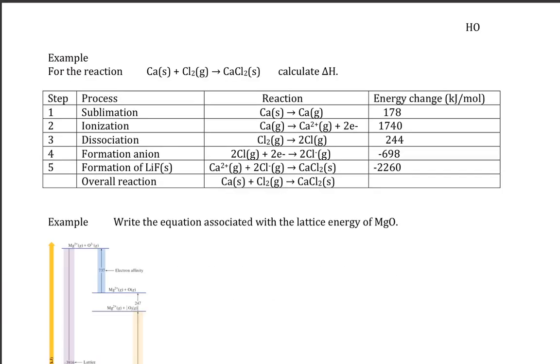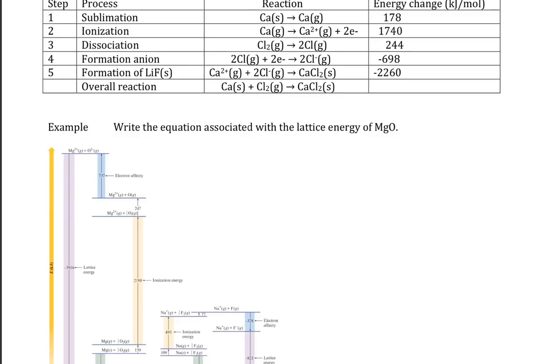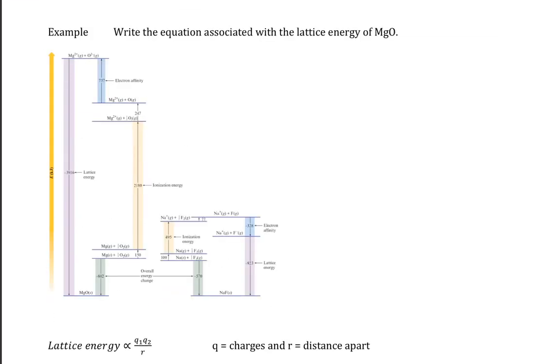Okay, here's an example to work on your own, so make note to do that. You're given the processes for forming calcium chloride from its elements. You're after calculating delta H, so run through that one on your own. This next problem is having you write the lattice energy equation for the formation of MgO.